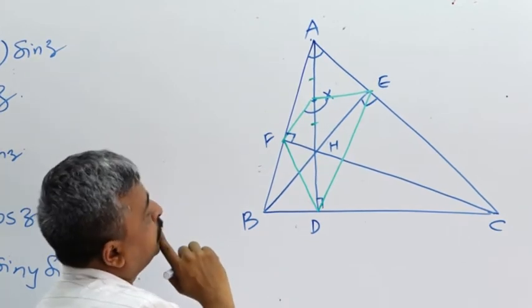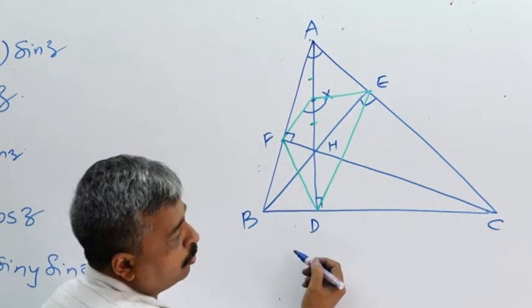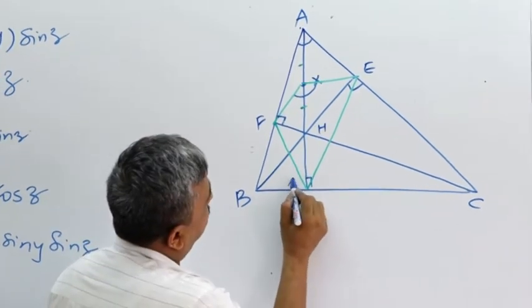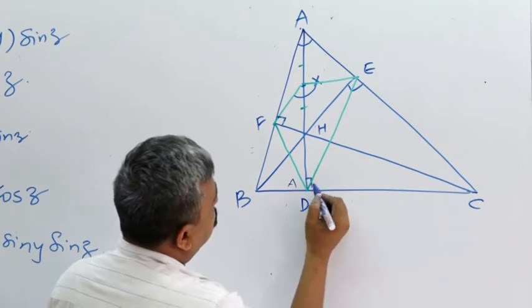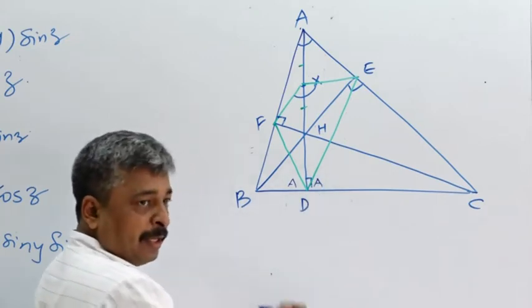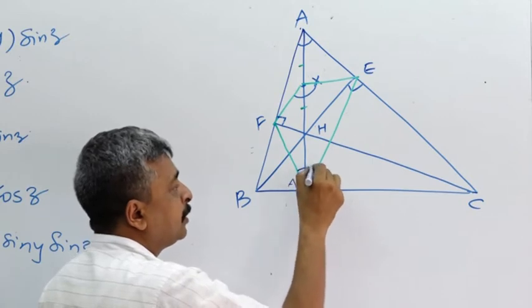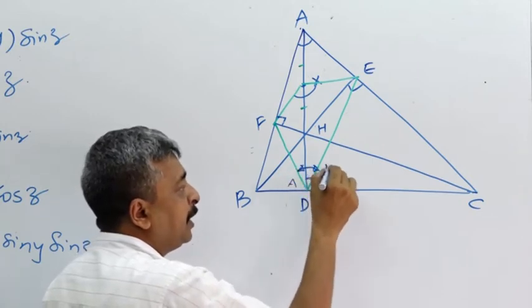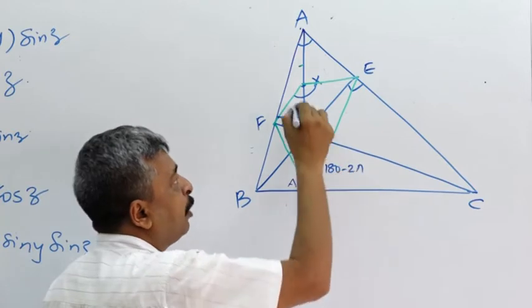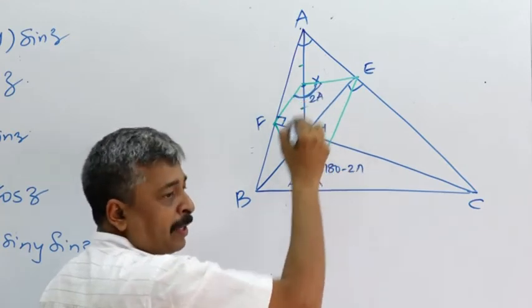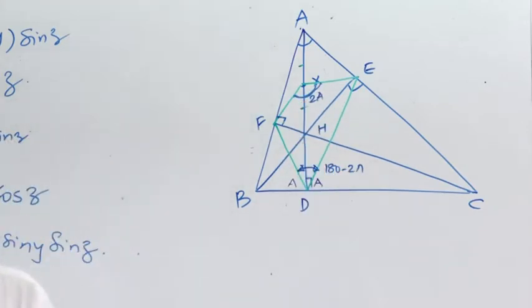Now, this was how much? This was A. This was A. This is total 180. Therefore, how much is this? 180 minus 2A. And how much is this? 2A. Therefore, cyclic.